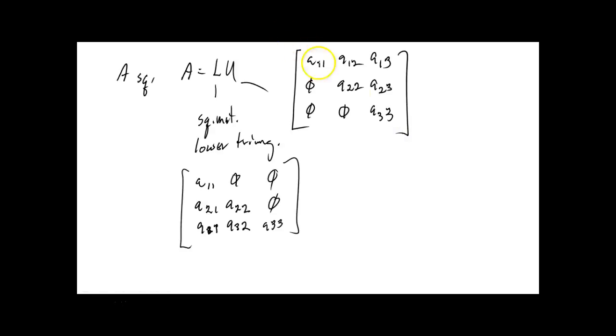Okay? You got your diagonal, that can be anything. Numbers up here can be anything. Numbers down here have to be 0. Have to be. Okay? So this is a 3 by 3 lower, 3 by 3 upper. Okay. Now, don't think that those A's are the same. Okay? They're just using that. I wish they would have used like little L's and little U's. That would have made a lot more sense than using A for everything.